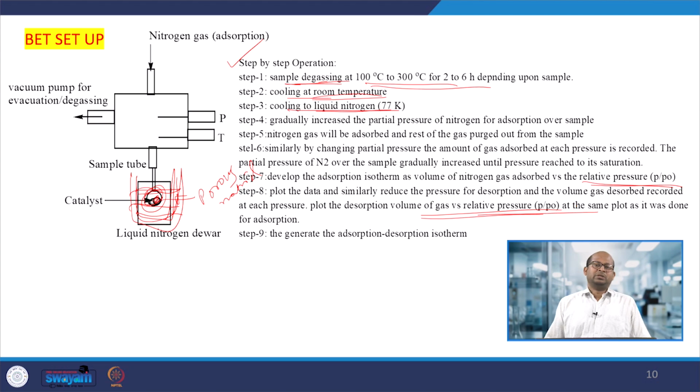The nitrogen gas that is not adsorbed is passed out, and then we can measure how much nitrogen gets adsorbed over the surface of the porous material.